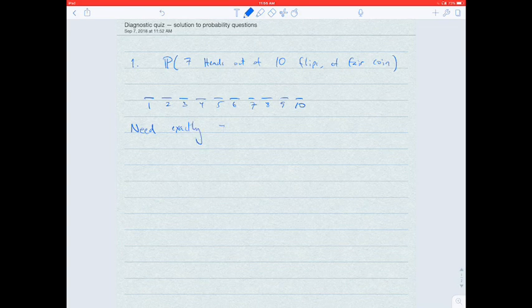So I need exactly 7 out of 10 flips to be heads. And this can happen in 10 choose 7 ways, which recall is equal to 10 factorial over 7 factorial times 10 minus 7 factorial, which is 3 factorial.